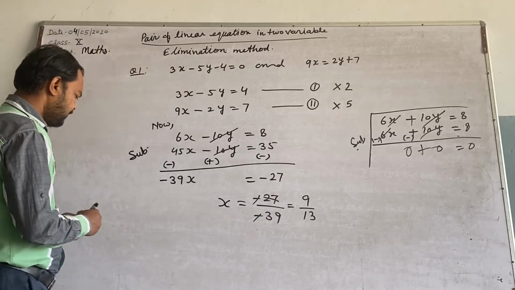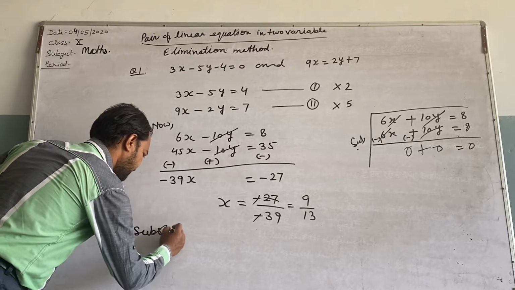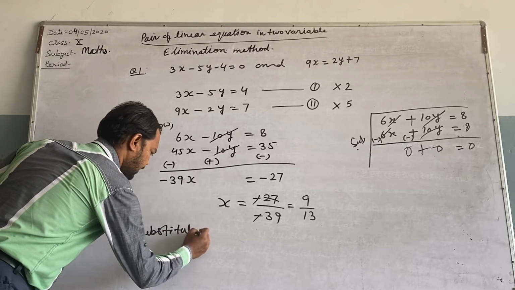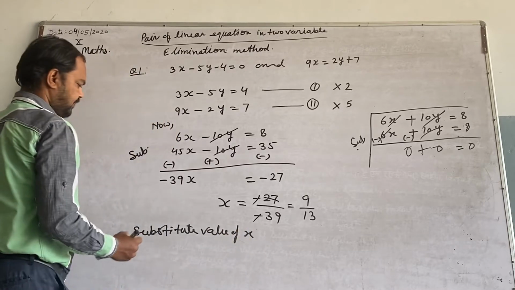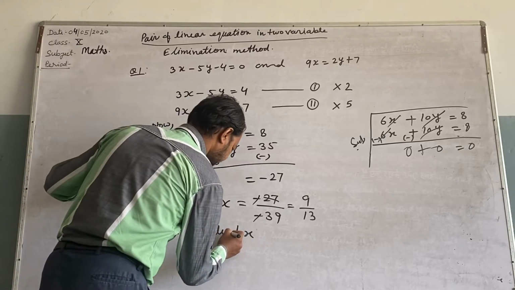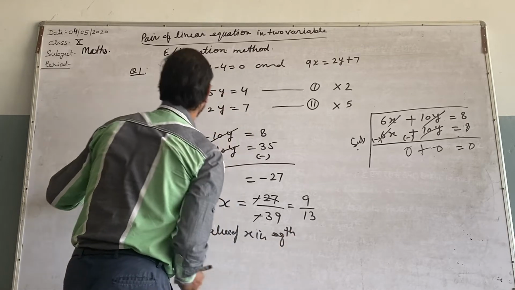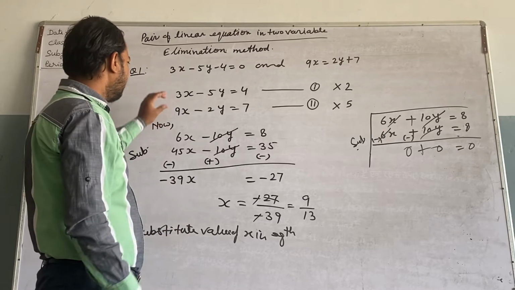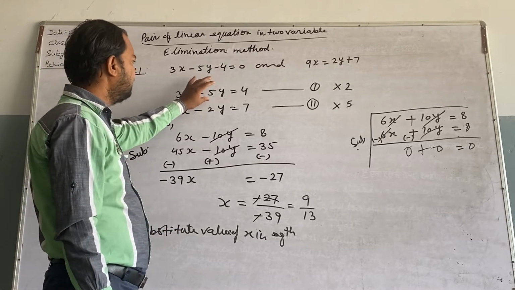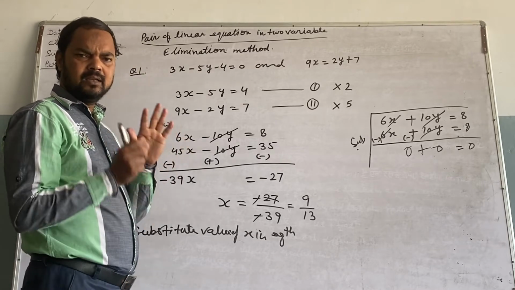Now again substitute the value of x in an equation. In which equation will you put the value of x? You can put the value of x in any of equation 1 or equation 2, whichever is easy.